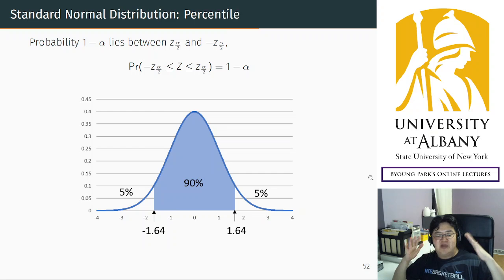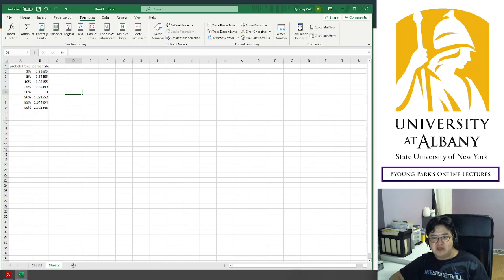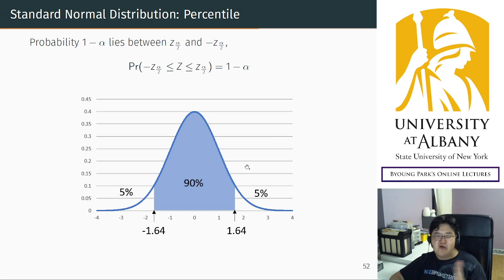But the manipulation is pretty simple if you understand the symmetry of the bell curve, and if you understand that probability is an area. It's just about area. Once you have the numbers calculated from Excel, the intuition can be obtained from the graph.